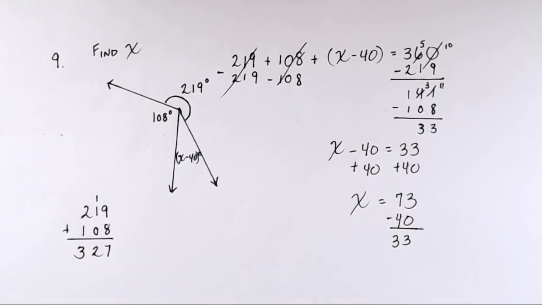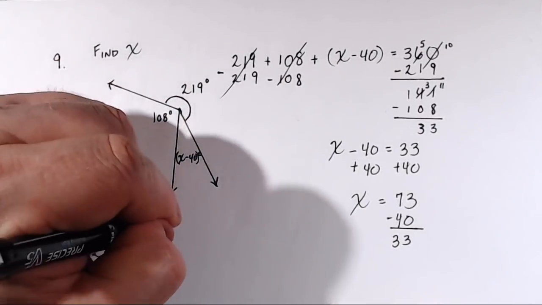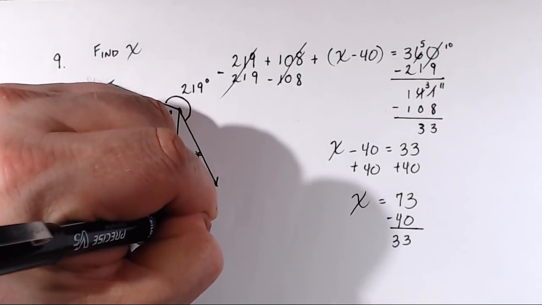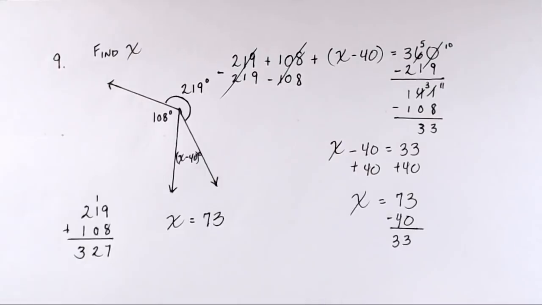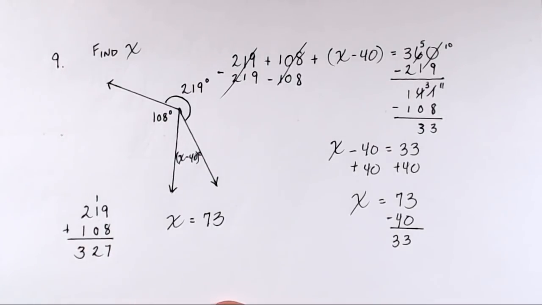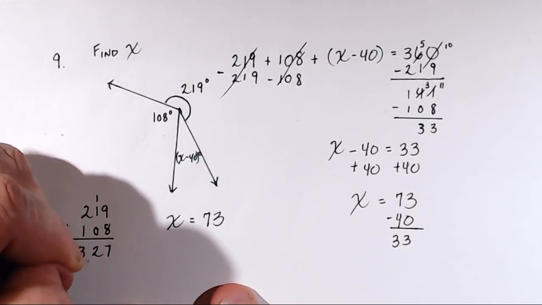I got 327. And now x is 73, so I have here 327 plus 73.